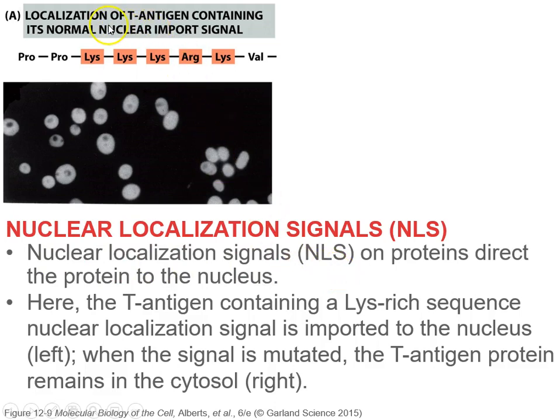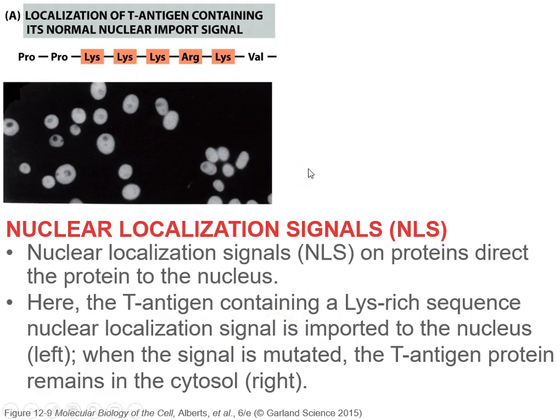This is a T antigen, and it has its normal nuclear import signal, which you can see is rich in basic amino acid residues. In this picture, you can't see this, but these are just nuclei. They're not cells. The boundaries of the cells, you can't see. It's too dark. But the T antigen with its nuclear localization signal is attached to some kind of fluorescent label so that we can see it.